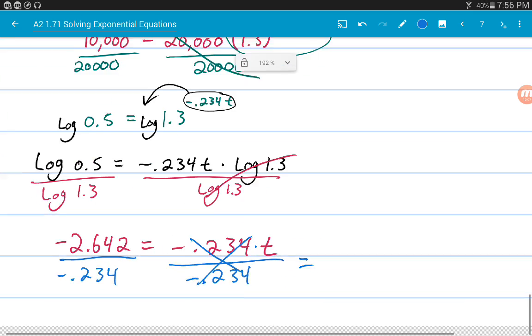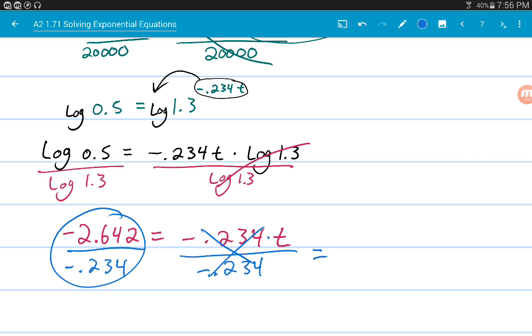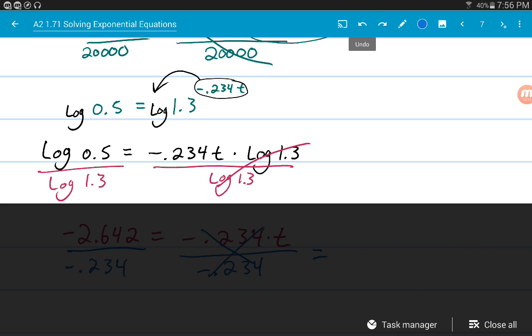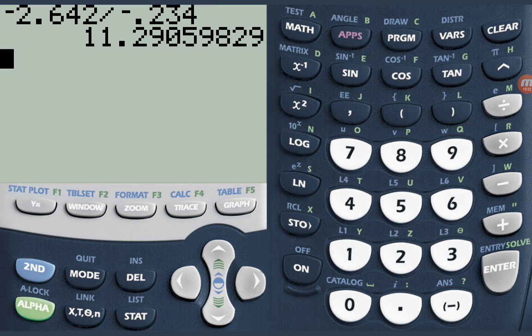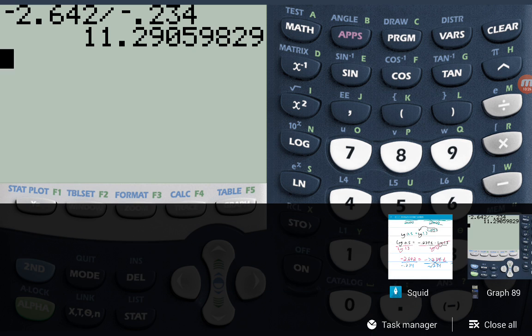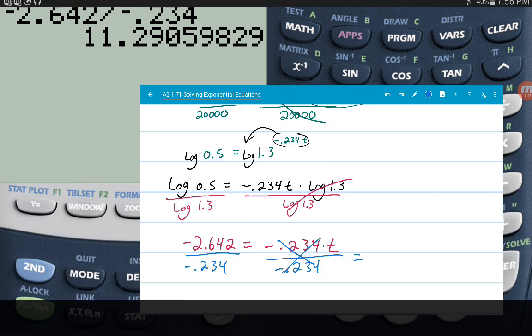Okay. Negative 2.642 divided by negative 0.234. And I get 11.29, which I might want to round to 11.3. 11.291.